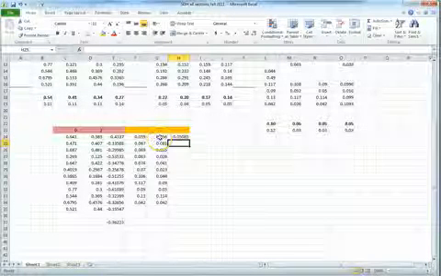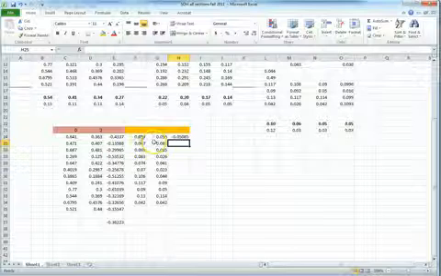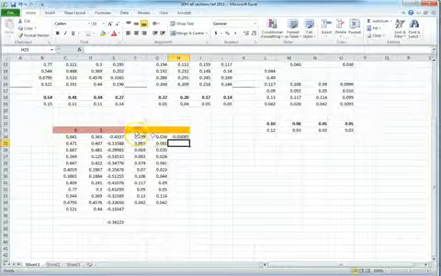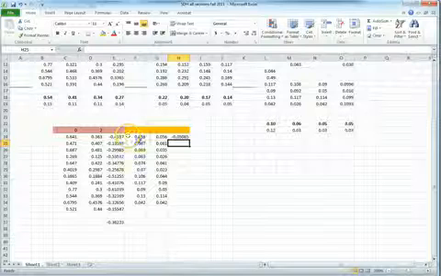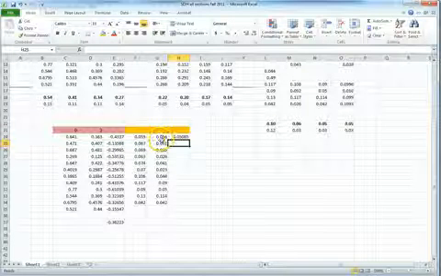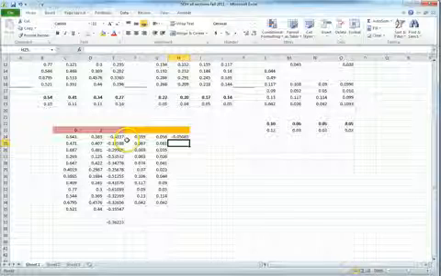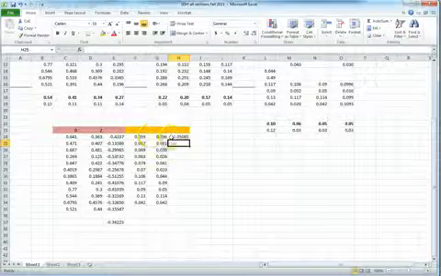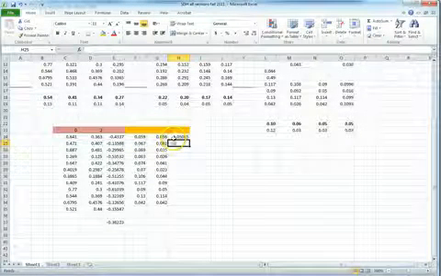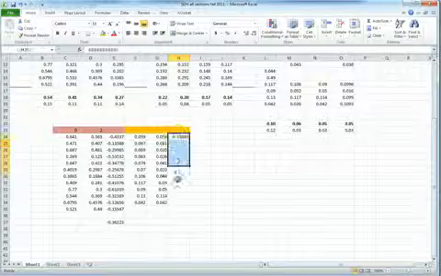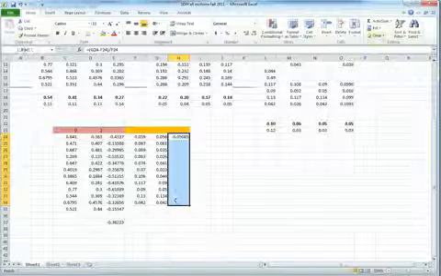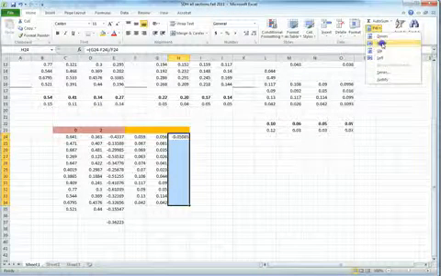If you do the lower number first, what you're going to see is the percent decrease. I would have had the same 5% decrease if I'd done it the other way, but it just wouldn't have a negative in front of it. So same difference. I'm going to fill down.